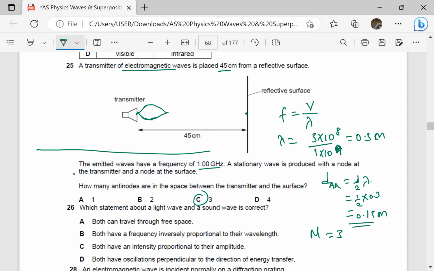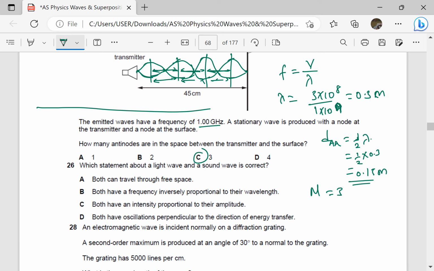So this is 15, this is another 15, and this is another 15. 1, 2, 3. So there are 3 antinodes, because the distance between two successive antinodes should be 15 centimeters, which is also the distance between two successive nodes. So this is going to be 3.